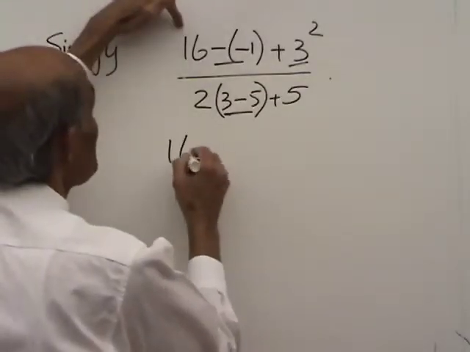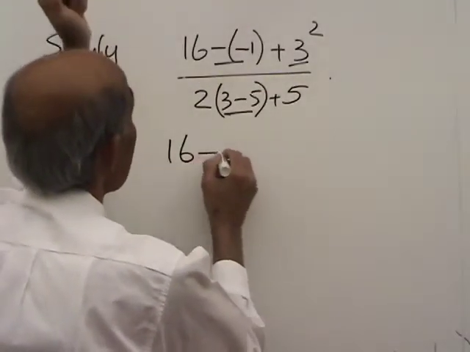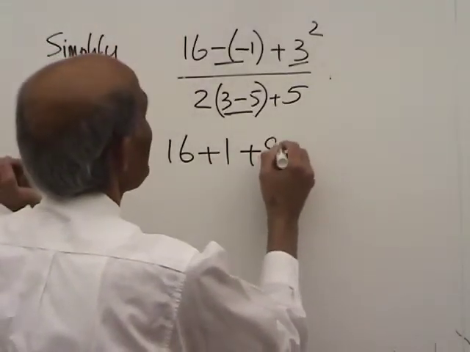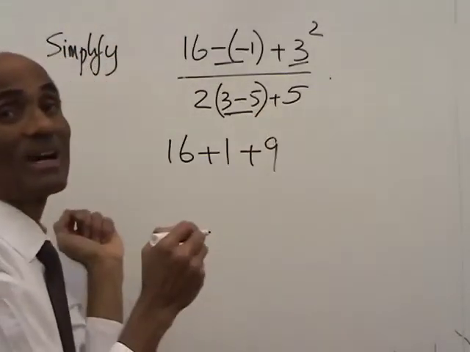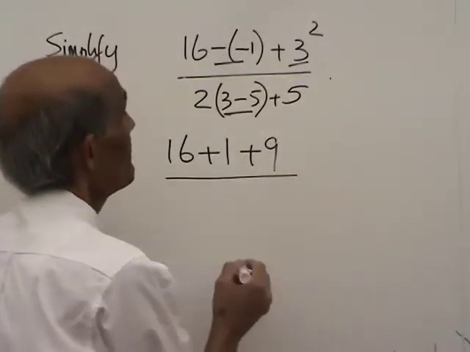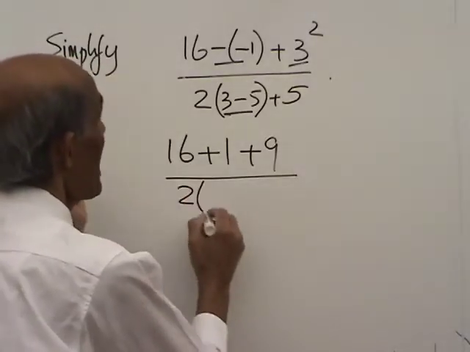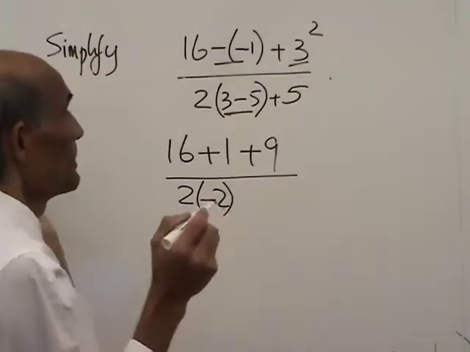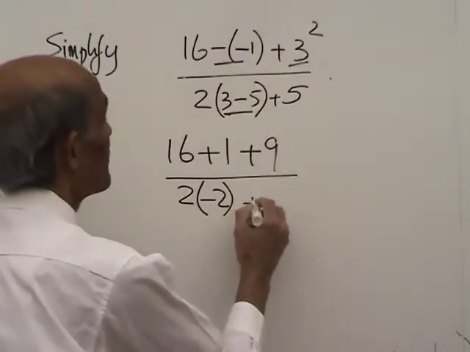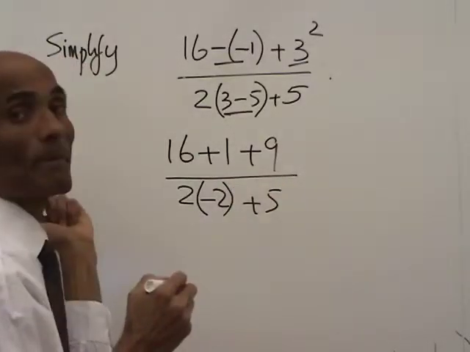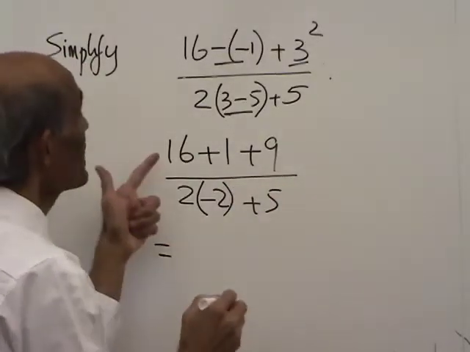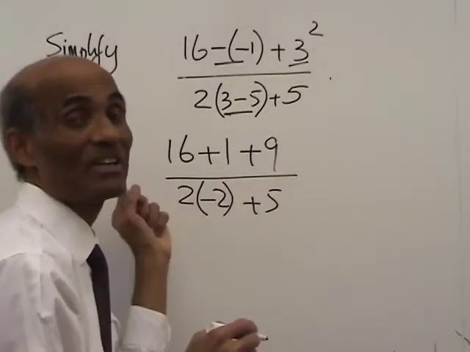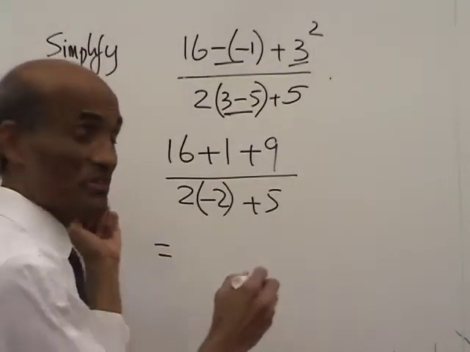That will be 16 minus -1 is +1, plus 3 squared is 9, over 2 times (3 minus 5 is -2) plus 5. Okay, what is the numerator equal to? 16 plus 1 plus 9 is 26, is that right?